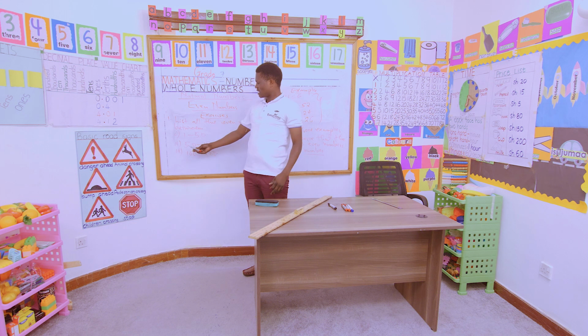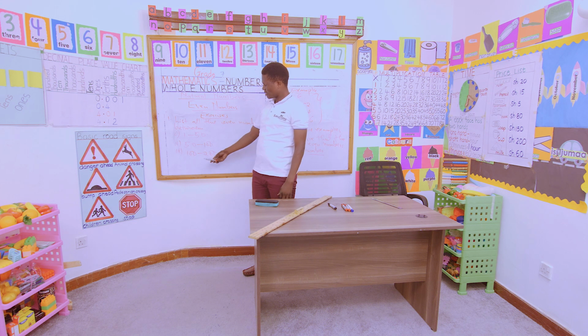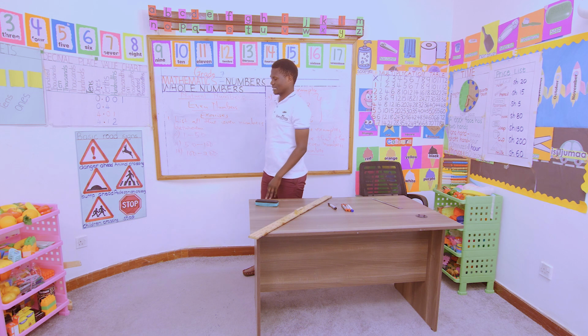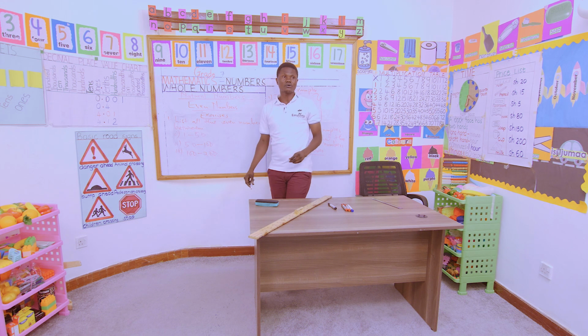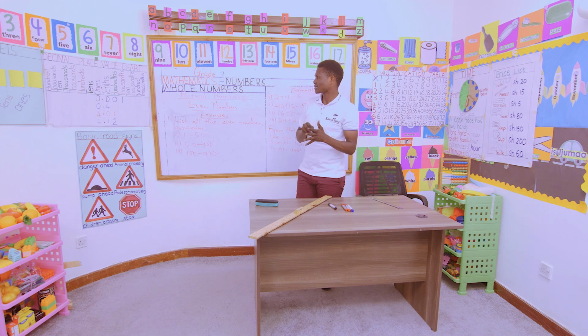So the lower limit here is 50, upper limit 100, lower limit 1, upper limit 50. In other words, all the numbers you are going to list must be contained or must be an element of this particular set. Otherwise, if there is no question, that marks the end of our discussion on even numbers.